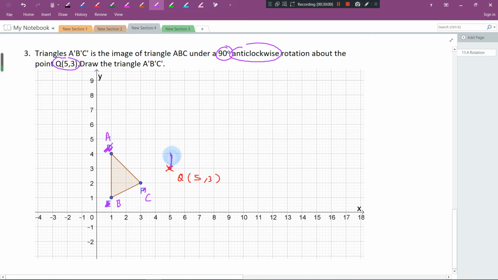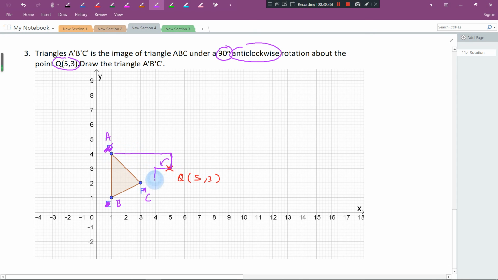1, then 1, 2, 3, 4. So (1, 4). If I turn this L shape 90 degrees anti-clockwise, it will go this way, right? Anti-clockwise. Remember just now? 1, then 1, 2, 3, 4.